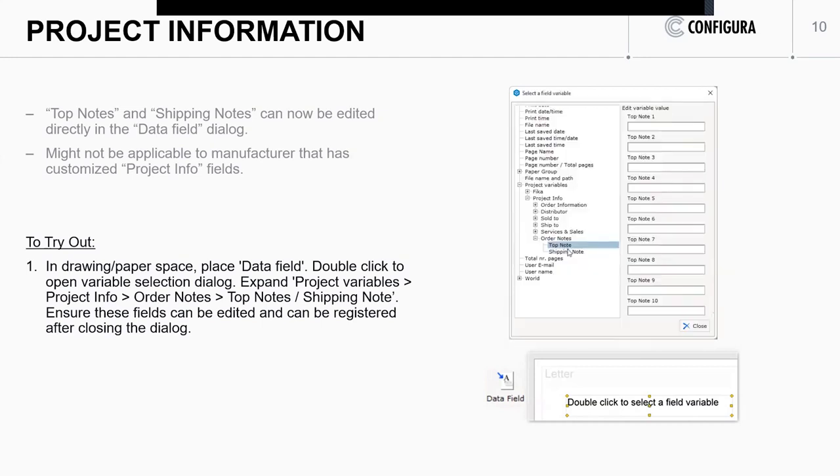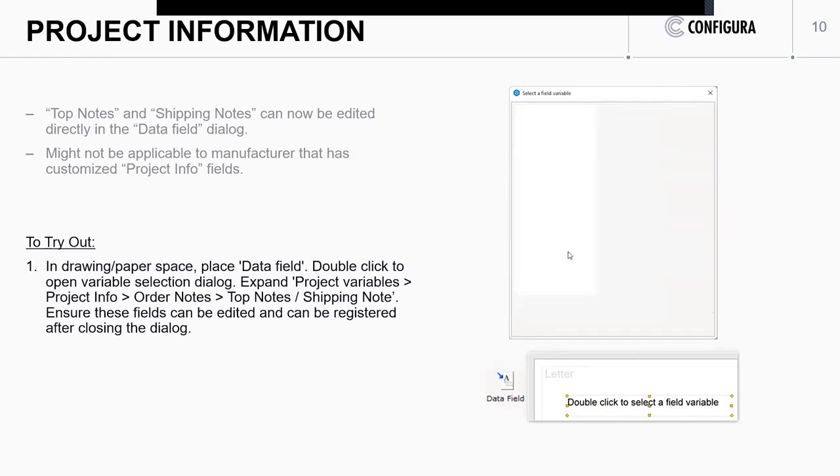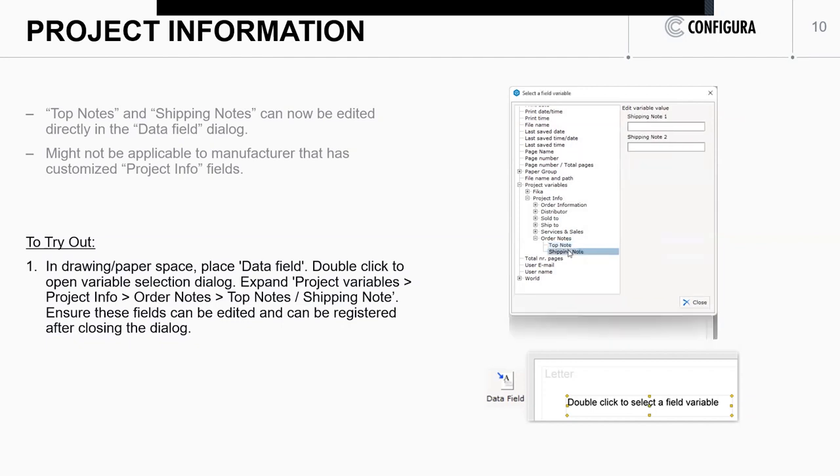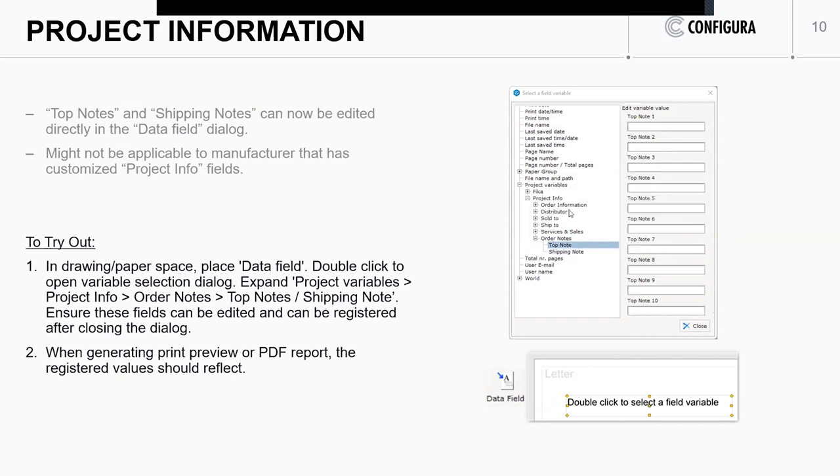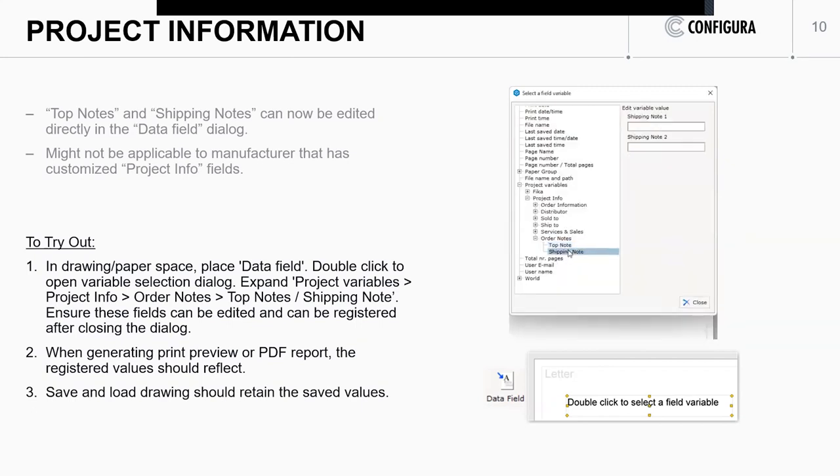The entries for these fields are taken directly from the project info dialog. So you have to ensure that these fields can be edited and registered when the variable selection dialog is closed. And when generating a print preview or PDF report, the registered value should be reflected. Also try to save and load your drawing, and it should retain the saved value.